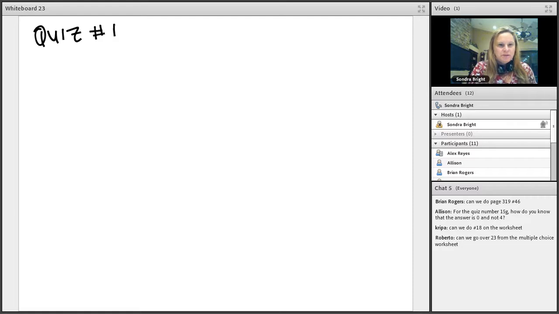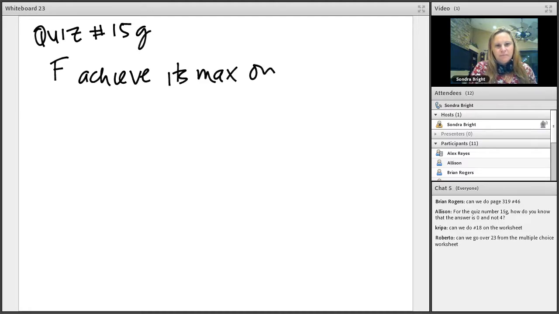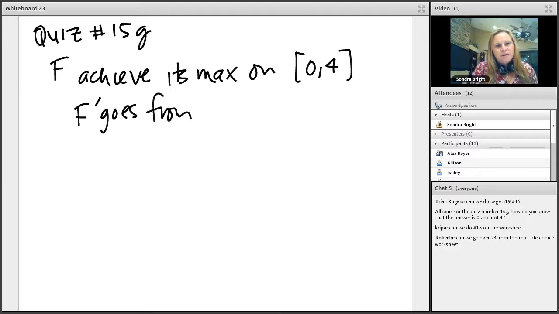So quiz number 15G asked where does F achieve its maximum on 0 to 4. What we know is it achieves its max when F prime goes from being positive to being negative, right?